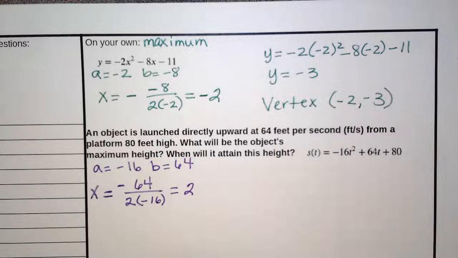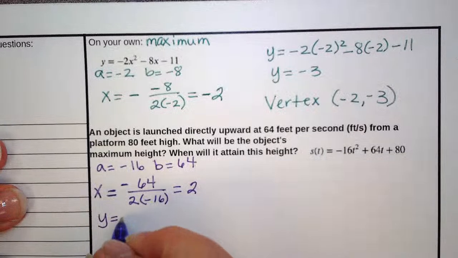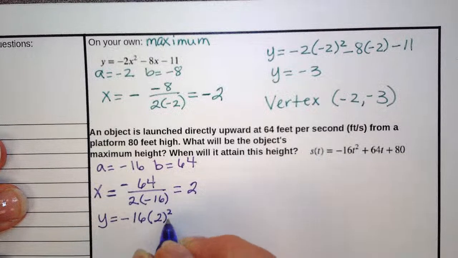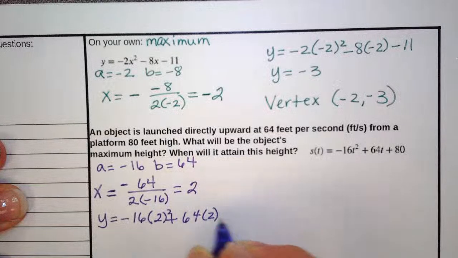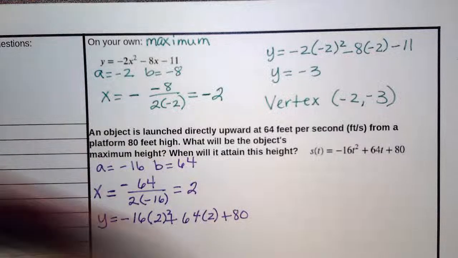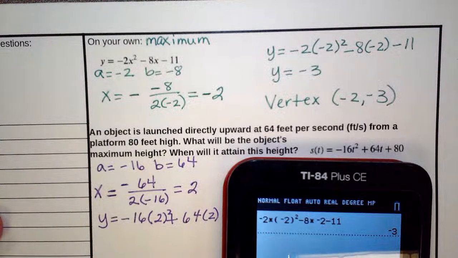So to find Y, -16 times 2 squared plus 64 times 2 plus 80. -16 times 2 squared.